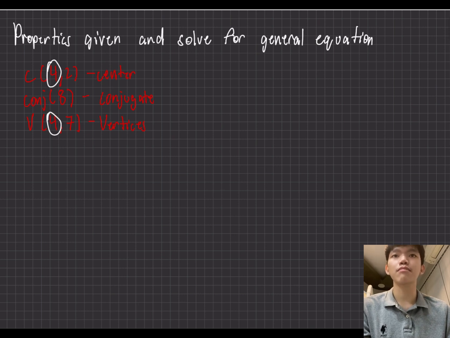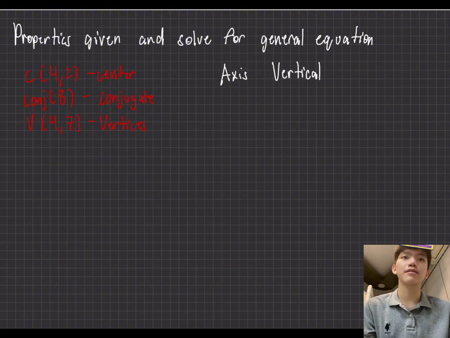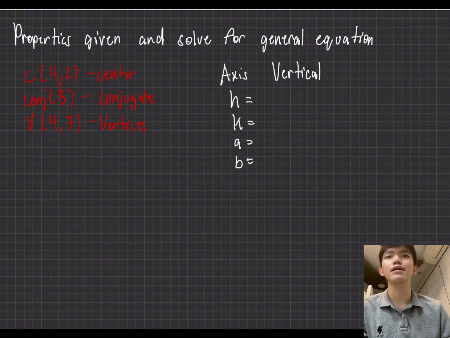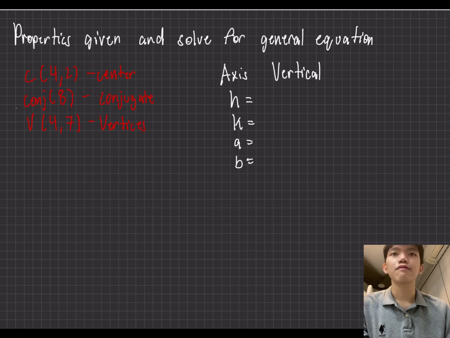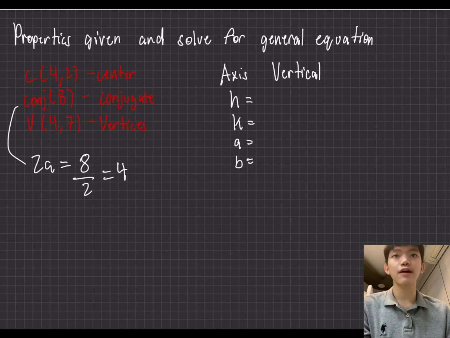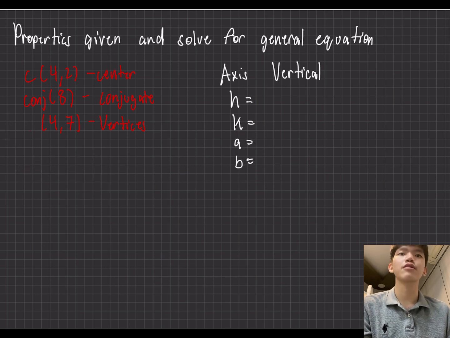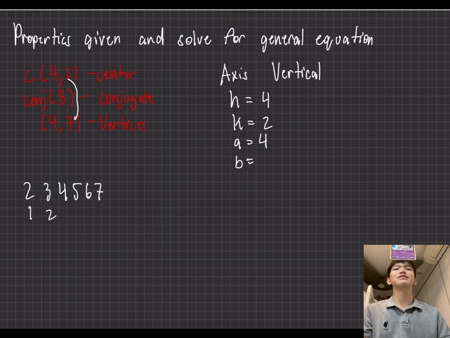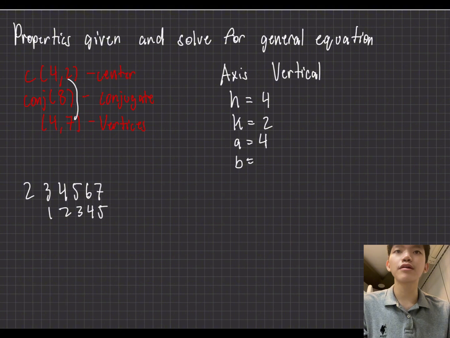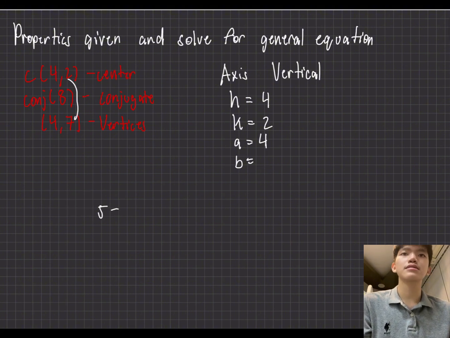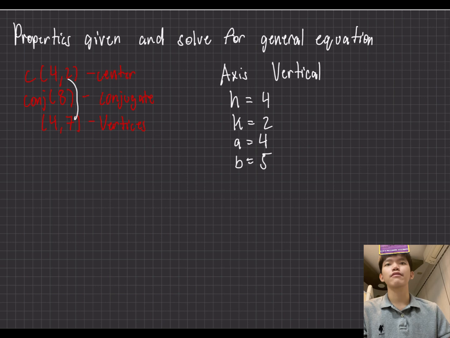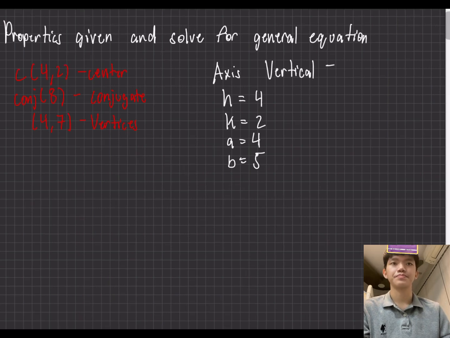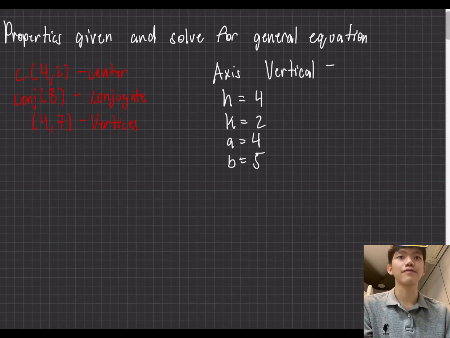We have the same number of 4 in the x coordinate, which will determine our axis, which is vertical. So we have the conjugate. It could solve for the letter A. So let's just divide it by 2. So we will get 4. That will be our A. So for our H and K, it will be 4 and 2 because it is given already. So for letter B, just count the difference of 7 and 2, and you will get number 5.